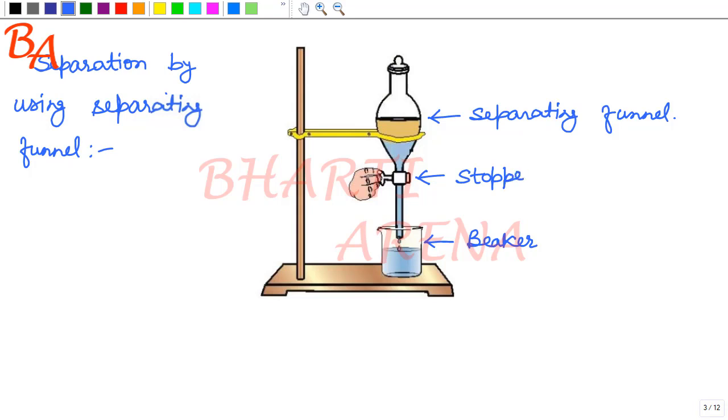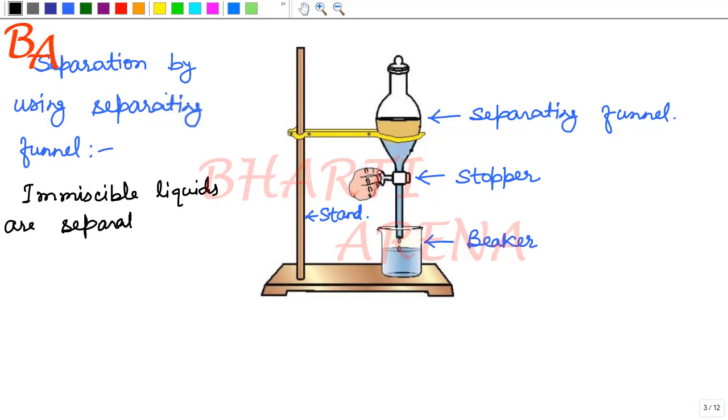This is a stopper, and this is the stand. By this method, we will separate the liquids which are immiscible. Immiscible liquids are separated by this technique.